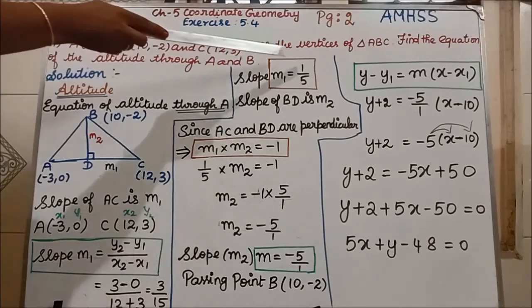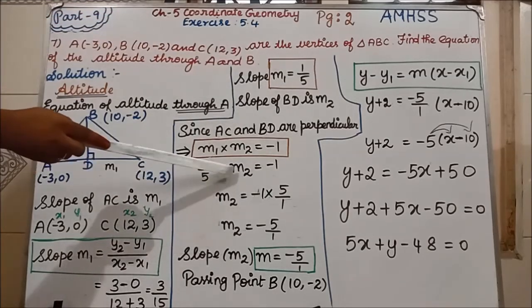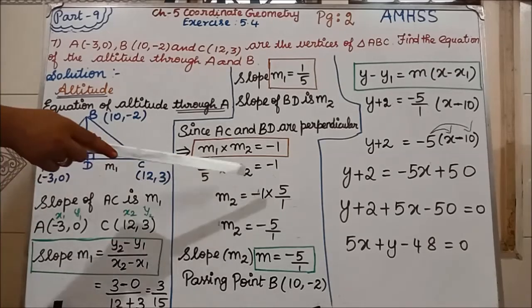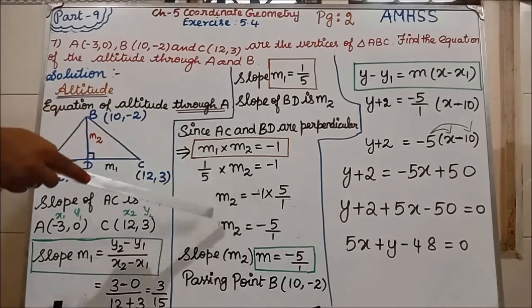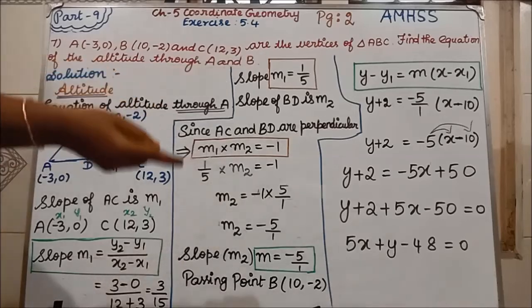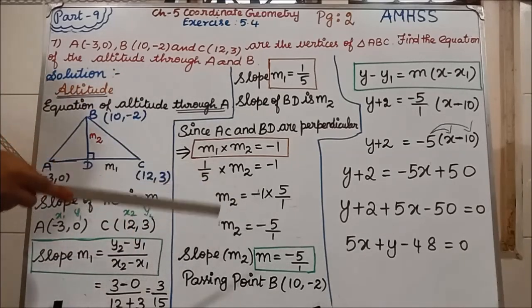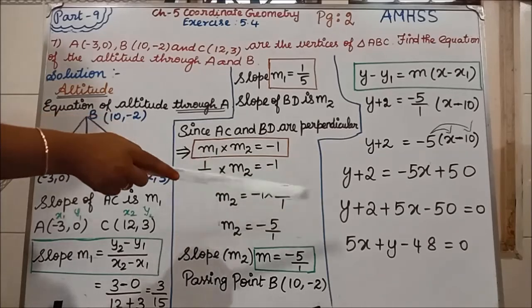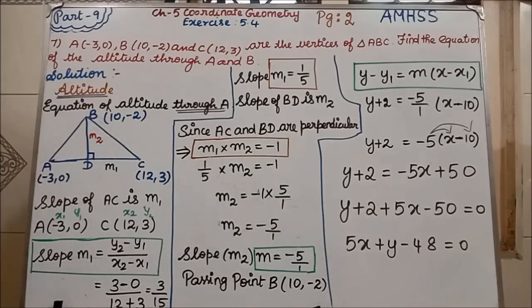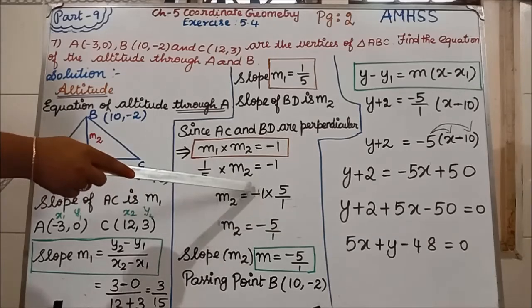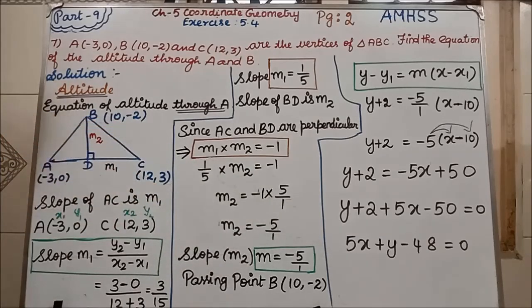m1 value is 1 by 5. m2 value we don't know, equal to minus 1. If this 1 by 5 goes to that side, it becomes the reciprocal, 5 by 1. Clear students? m2 is equal to minus 1 into 5, which is minus 5 divided by 1.